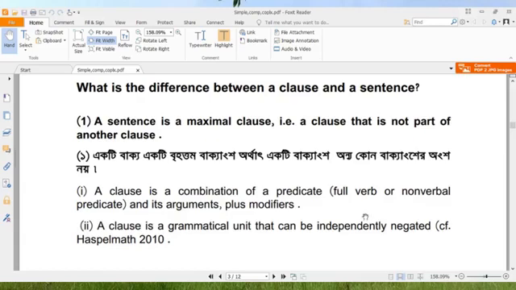সেন্টেন্স এবং ক্লজের আলোচনা করতে গিয়ে আমরা অনেক কথা বলেছি, তারপরও একটা কথা বলা দরকার এই জন্য যে সেন্টেন্স এবং ক্লজের মধ্যে একটা পার্থক্য আছে। এটি যদি তোমার বোধগম্য না হয় শিক্ষার্থীদের সমস্যা হতে পারে। What is the difference between a clause and a sentence? A sentence is a maximal clause. একটা পূর্ণাঙ্গ ক্লজ সেন্টেন্স হতে পারে, কিন্তু একটা ক্লজ আরেকটি ক্লজের অংশ নয়। That is, a clause that is not part of another clause.